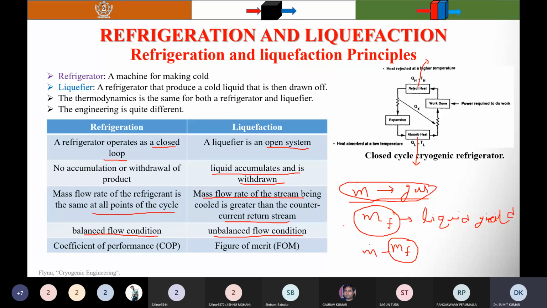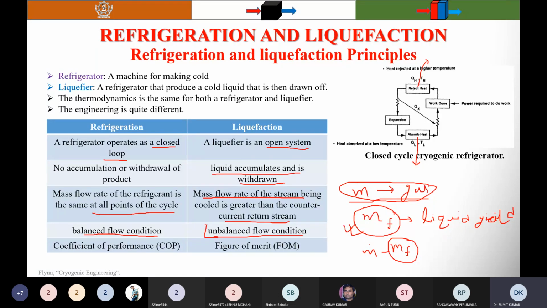So what is remaining, M minus MF, is returned to the compressor. So we need to supply MF amount of gas to compensate it. That's why it is called the unbalanced flow condition.